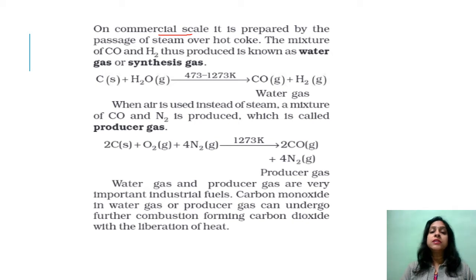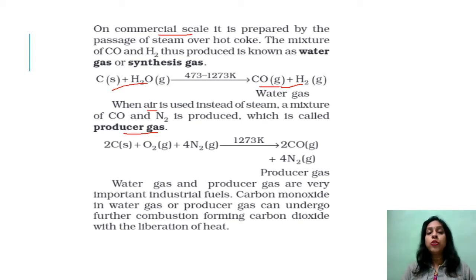help of a synthesis gas method, in which carbon when treated with water at 473 to 1273 Kelvin, it forms water gas, carbon monoxide plus H2 gas. Whereas if air is used instead of steam, then producer gas is obtained.